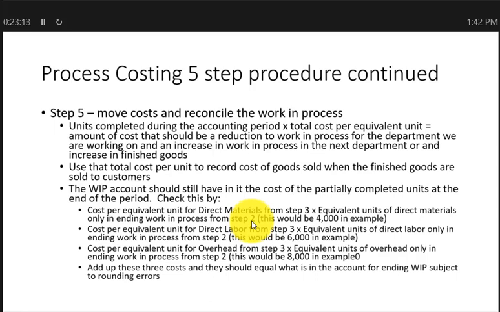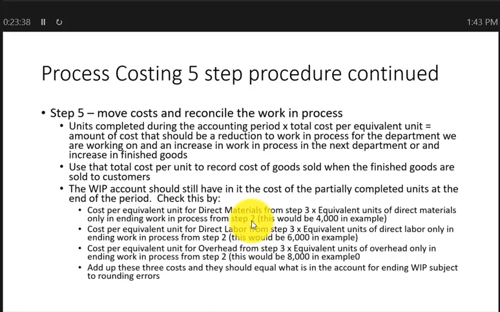Your debits minus your credits equals your ending balance of work in process. That ending work in process can also be calculated by taking the cost per equivalent unit for each type of cost times the equivalent units for each type of cost. That's how you check yourself.